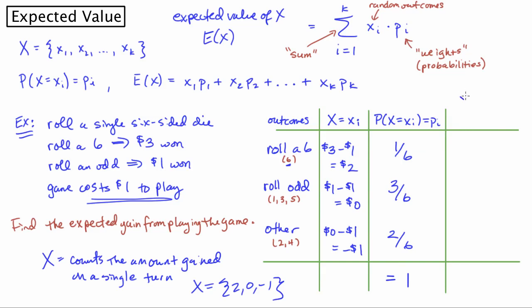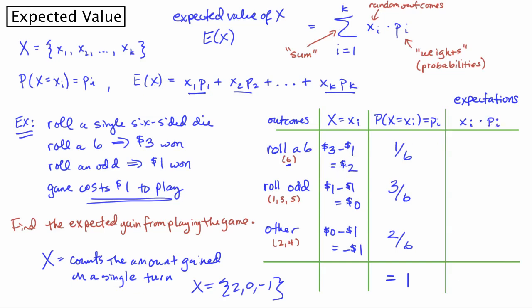Finally, the last column here, and in some ways the most important column for this exercise, lists what are called the expectations. The expectations are these individual products. So all I want in this row is to take the random variable and multiply it by its probability.